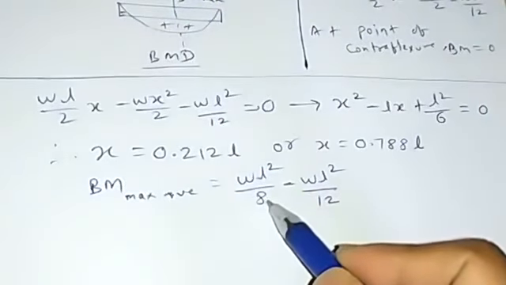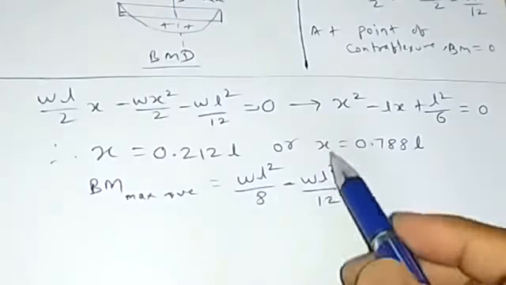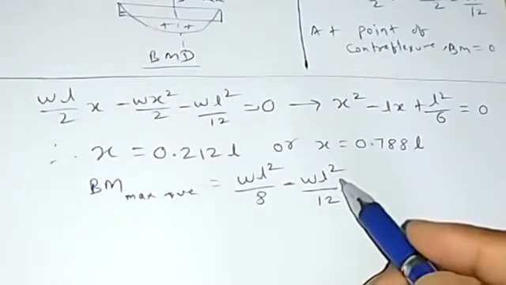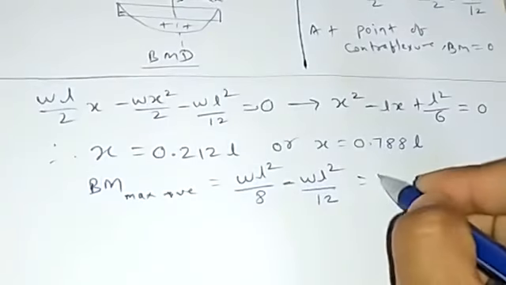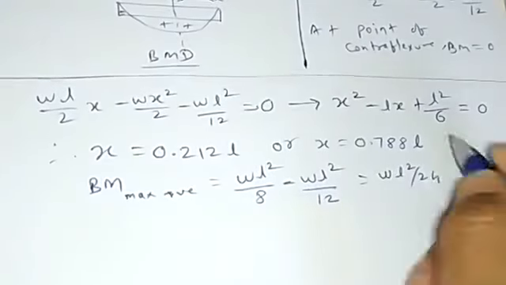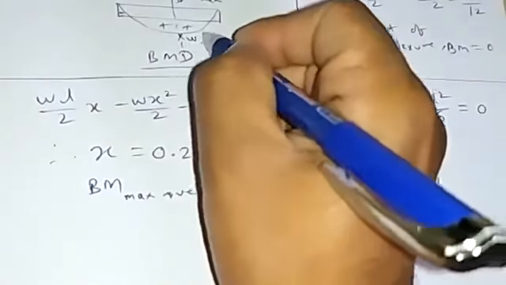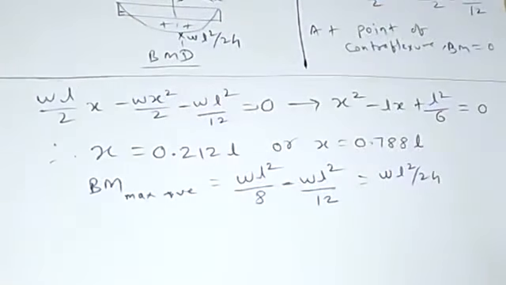So we have WL square by 8 due to the parabolic and WL square by 12 due to the fixed end moment. So finally we will get WL square by 24.